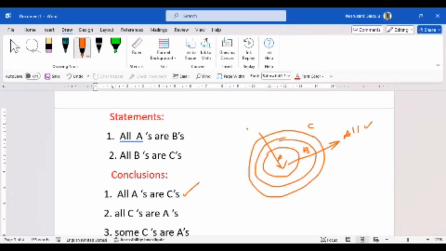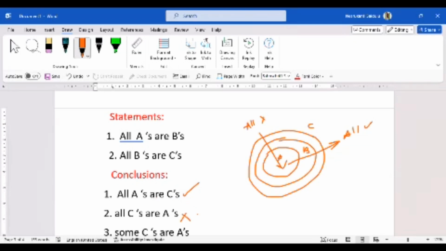All is always false, right? So this second conclusion is also false, right?